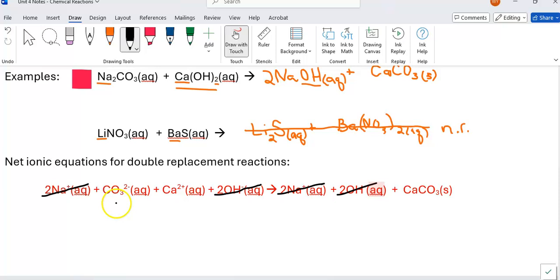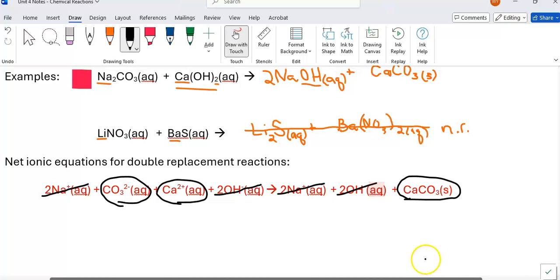And so what that leaves me with is an aqueous carbonate and an aqueous calcium ion coming together to form a solid calcium carbonate. Notice the reason I didn't split up the CaCO3 is because it was a solid. So when I wrote the ionic equation, that stayed together.